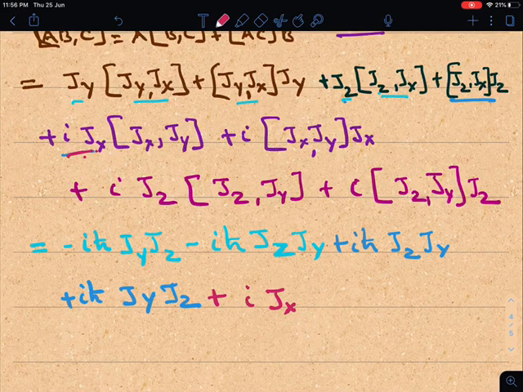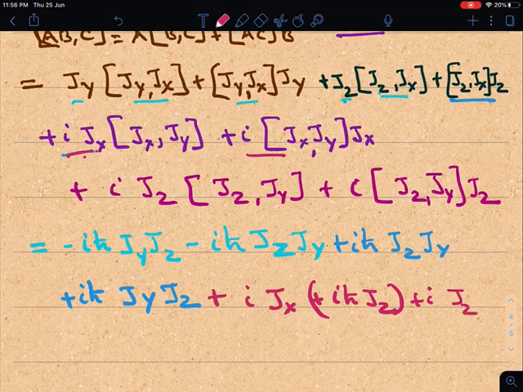Xy is an even permutation, so it is plus i h cross Jz, and again here you have plus i Jx Jy, again an even permutation, Jz, you have Jx.